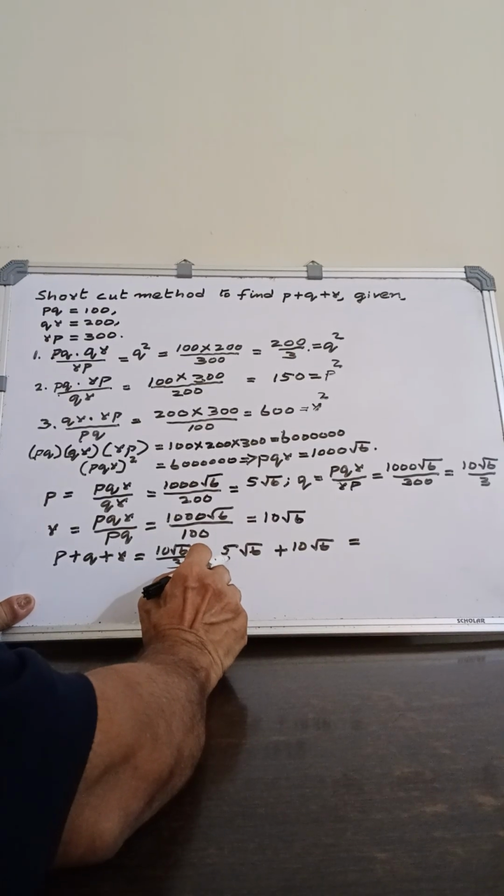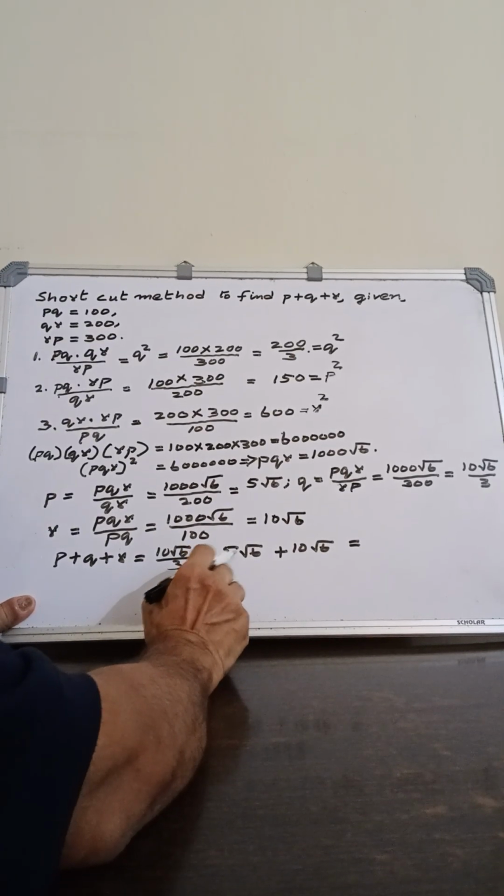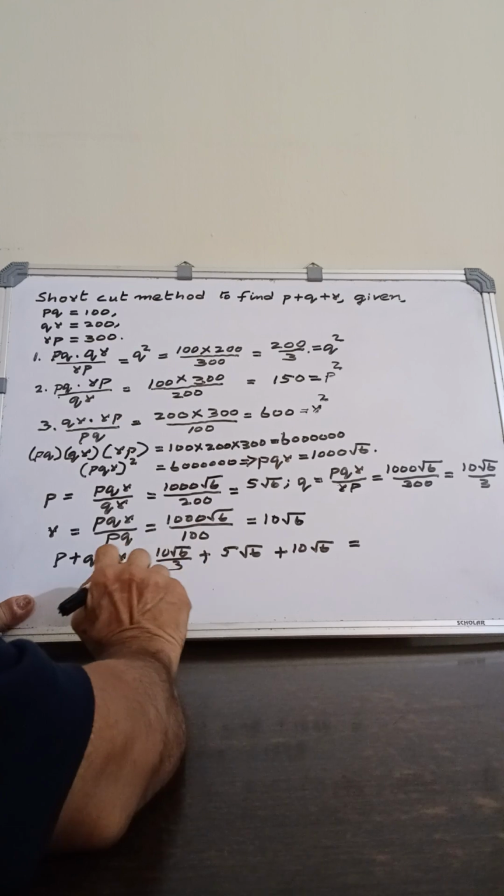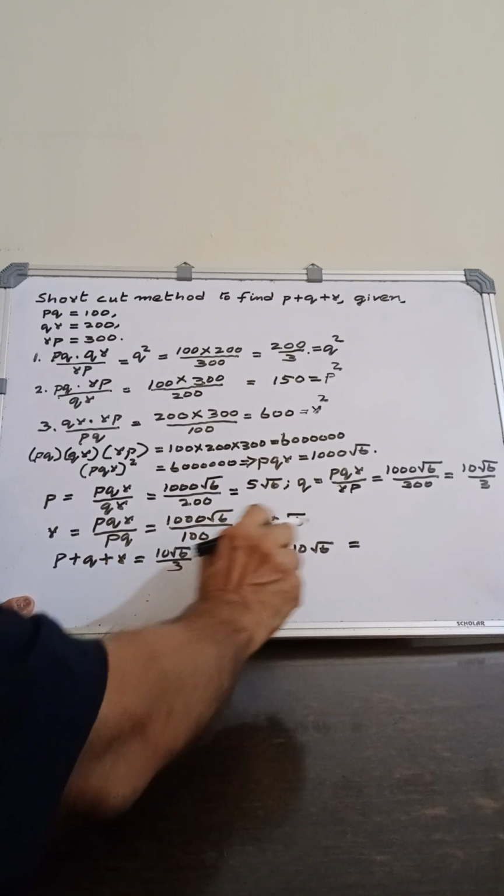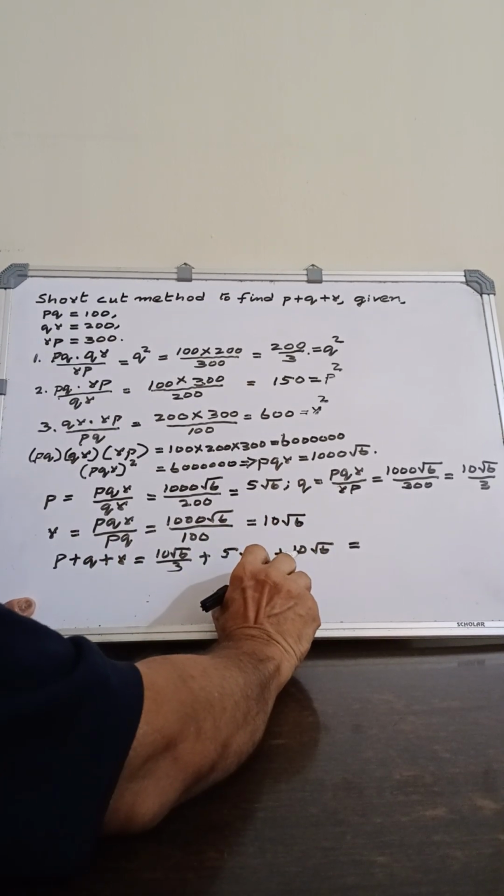Here 5 root 6 is p and q is 10 root 6 by 3, and here r is 10 root 6.